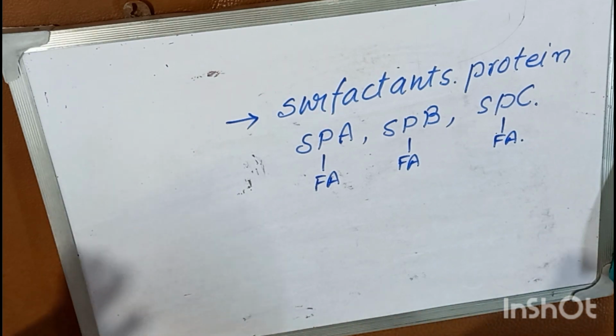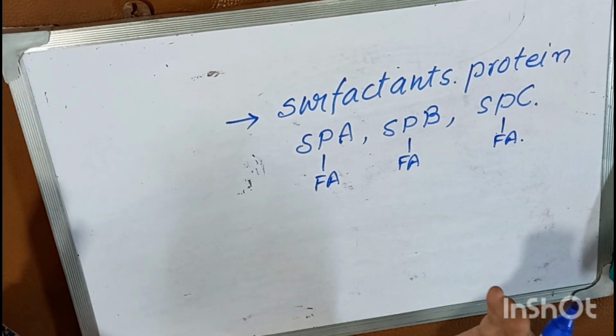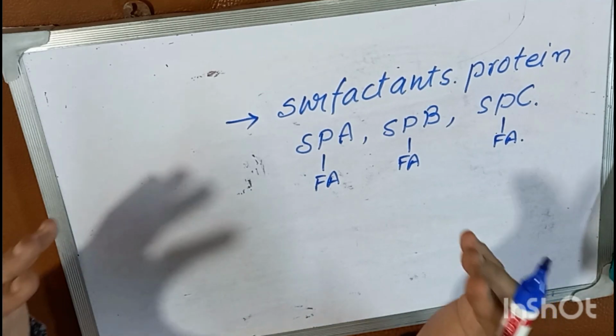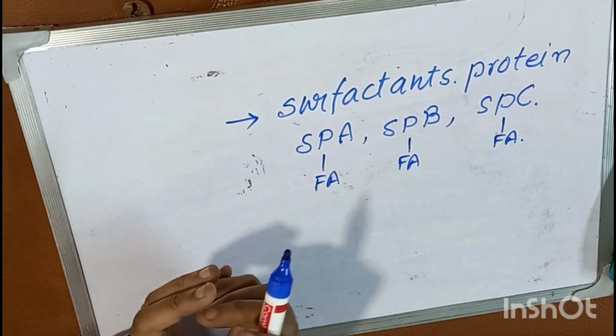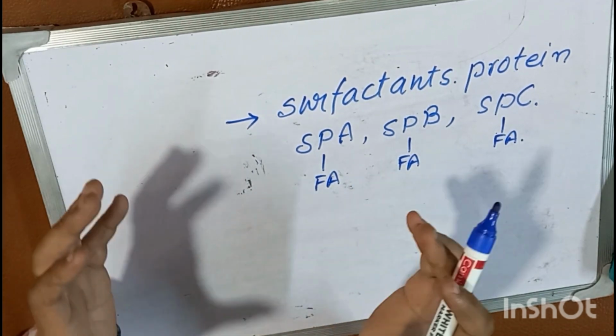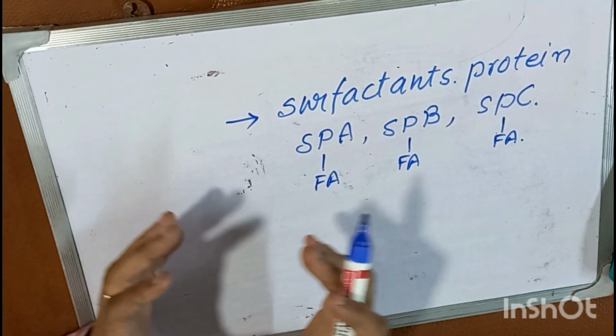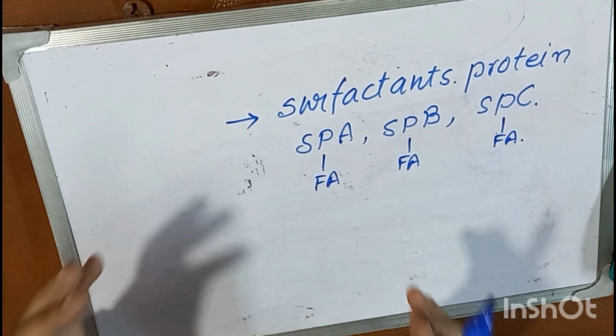It will lower the work of breathing, because the lung is now easily inflatable. We know that the elastic tissues of the lung always try to assume a lower volume, always try to get deflated. So this deflation property of the lung is lowered.